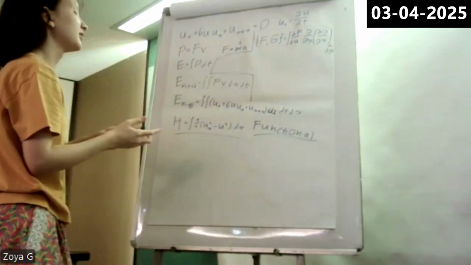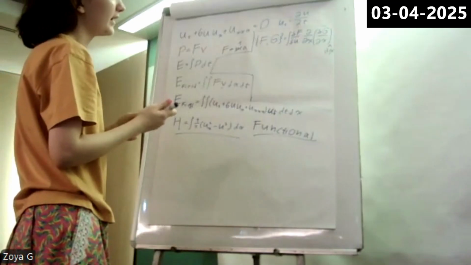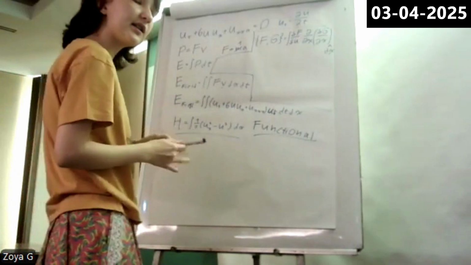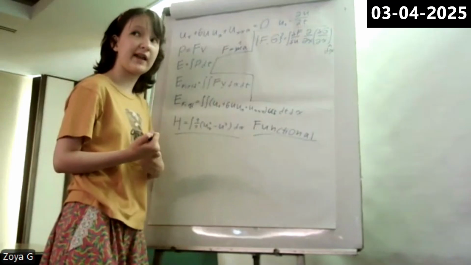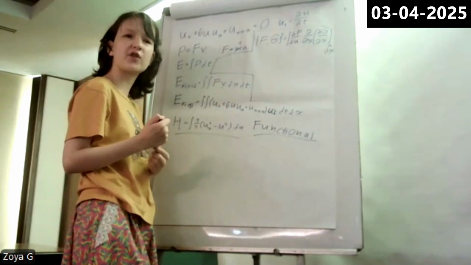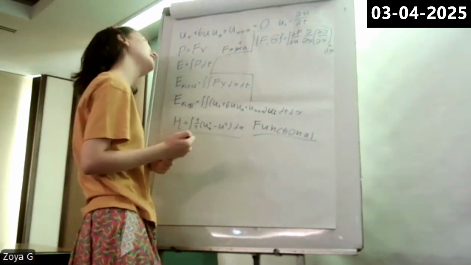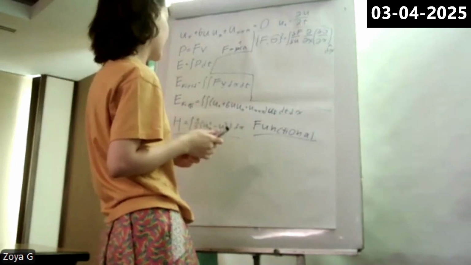I ran out of space on the board. Now, this Poisson bracket, it has a specific name. I'm pretty sure it's called the first Hamiltonian form, but I'm also not completely sure about that.